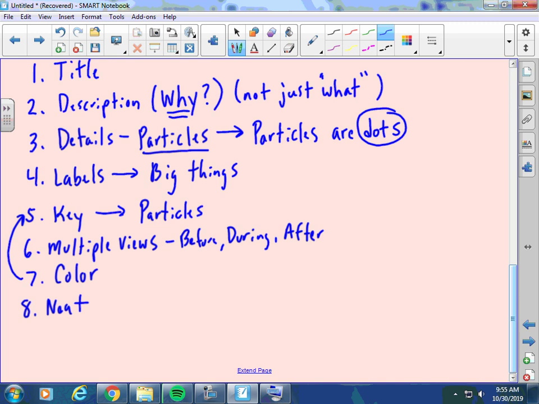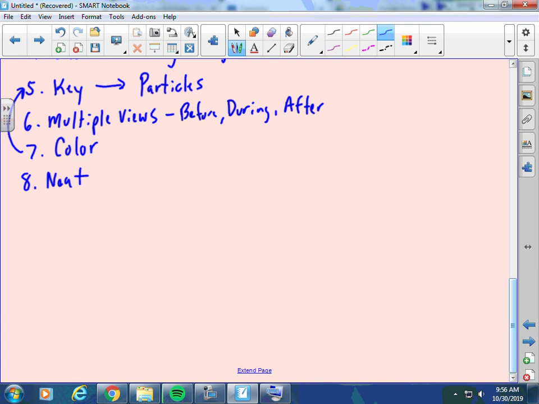One of the new ones that I've already mentioned: particles are dots, never anything else. We also learned about the law of conservation of mass. So we always want to pay attention to conservation of mass.